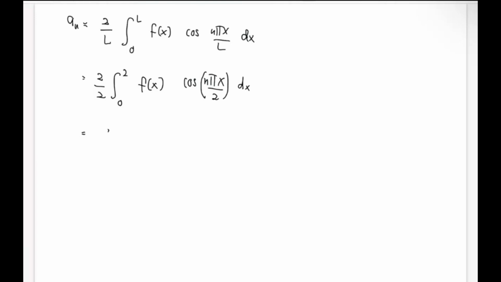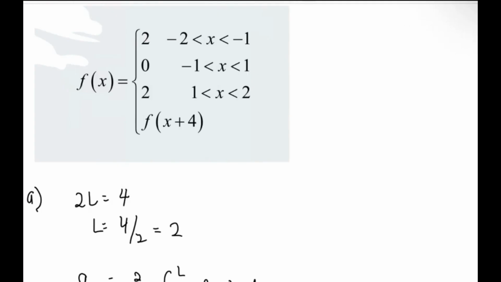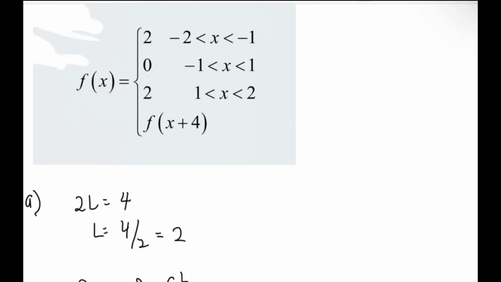So from 0 to 1, 0 cos n pi x over 2 dx plus from 1 to 2, 2 cos n pi x over 2 dx. So you look in the piecewise function here, from 0 to 1, our f(x) is 0. From 1 to 2, our f(x) is 2.